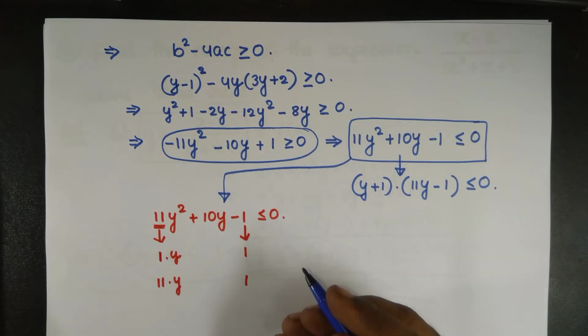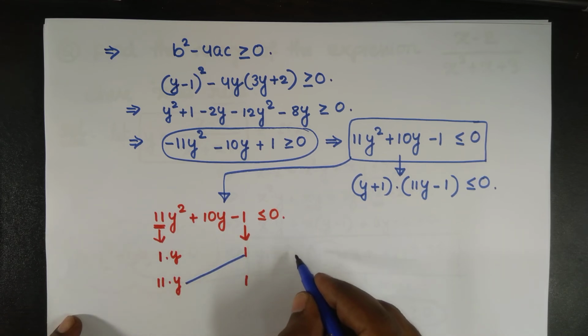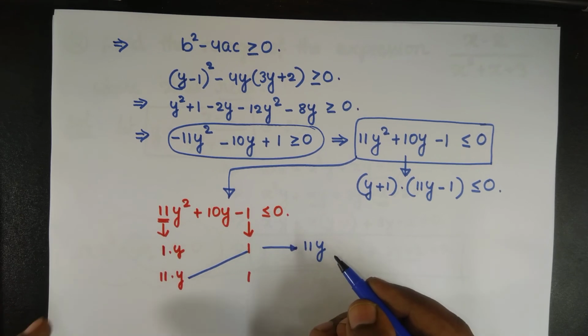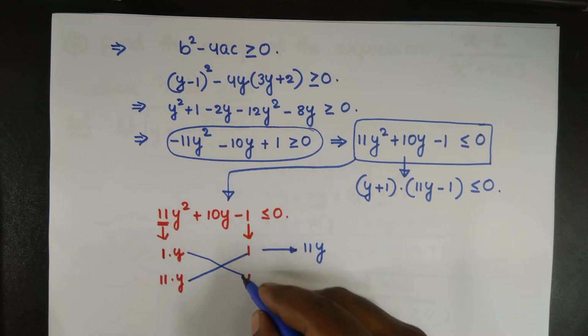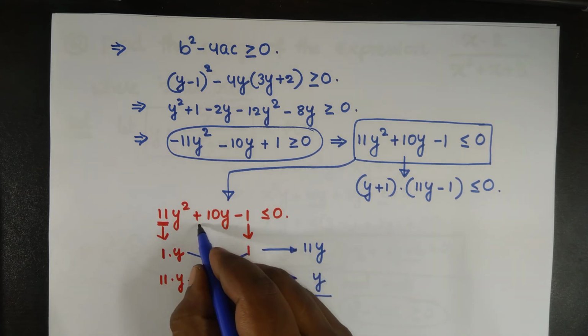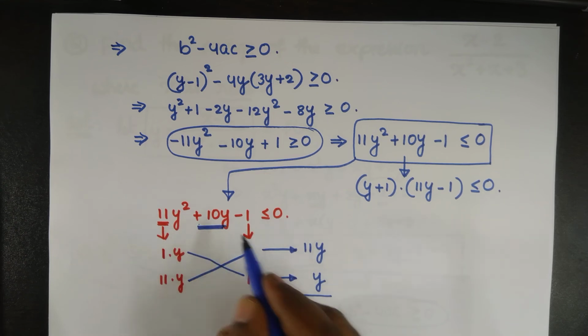So you see what we have to do now, just cross multiplication, you will get 11y. Okay, you will get 11y here, and again you just multiply like this. Okay, this one, now you get y. Now what you do is this, you have here b equal to positive 10. See this one.